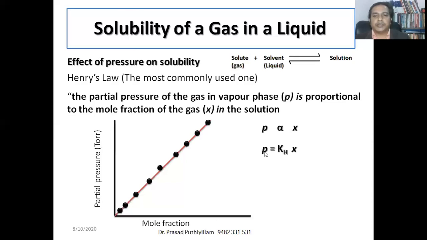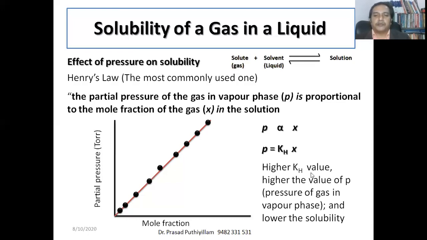Therefore, partial pressure is equal to Kh multiplied by mole fraction. This constant value Kh we call Henry's constant. It is constant for a particular gas, so if you know the Kh value, you can tell which gas it is.